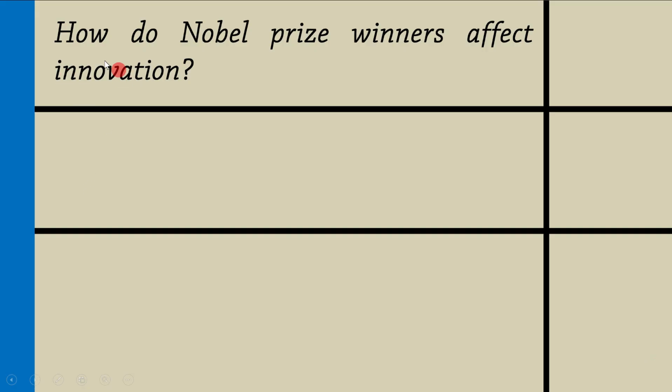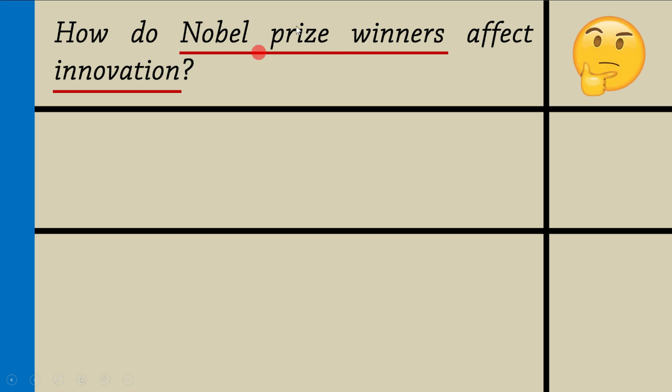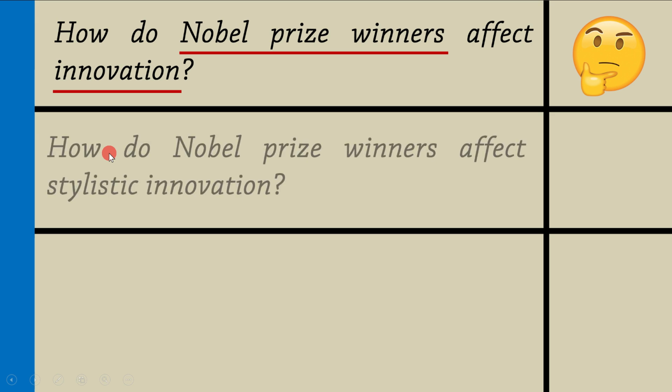Let's consider this one. How do Nobel Prize winners affect innovation? Nobel Prize winners will be the cause and innovation will get the effect. But which kind of Nobel Prize winners do you mean? I don't know. Physics, chemistry? Which kind of innovation is it? I don't know. Let's give more concentration.